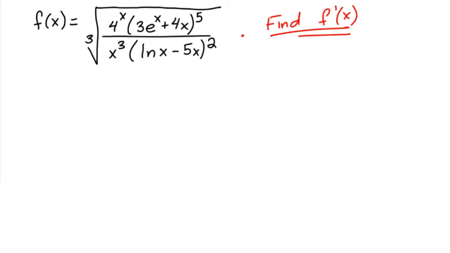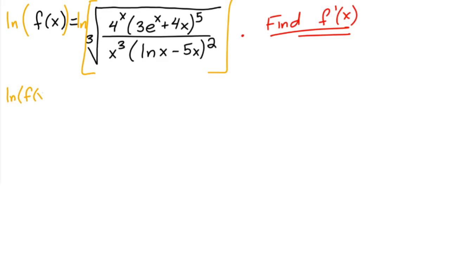A much better idea is to use logarithmic differentiation. And when you do that, you can break up this massive monstrosity into several different chunks. And that gives you a more manageable function.